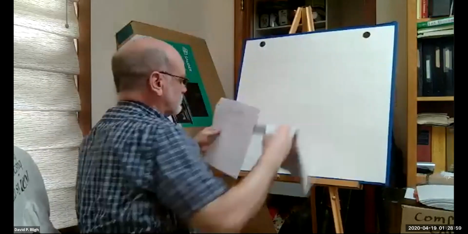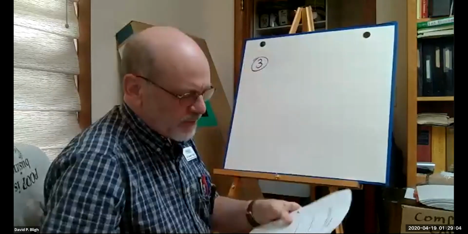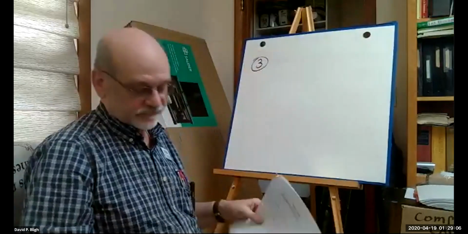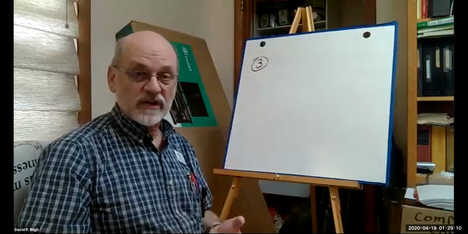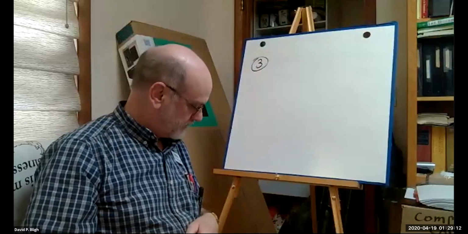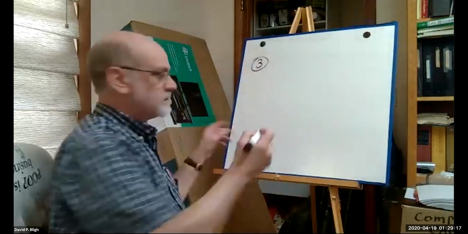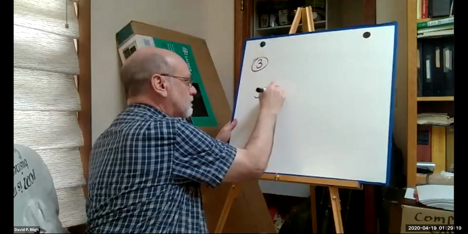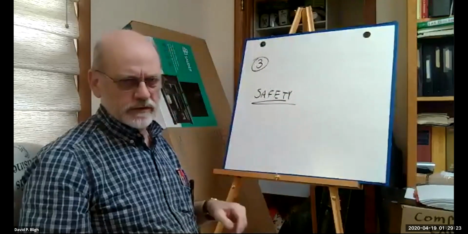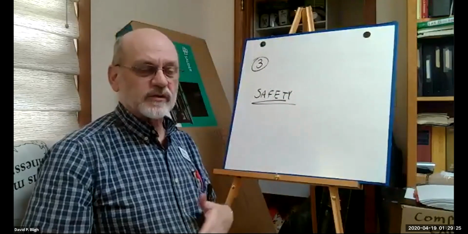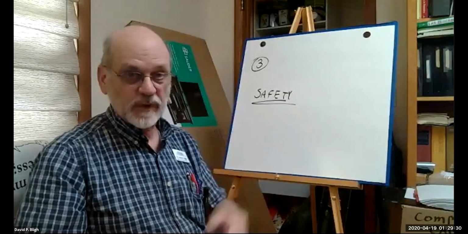Three. What are some possible sources of error in this experiment? Well, you need to think about it. Where could you possibly be? Well, I'm thinking safety. Let's think safety first. Safety is always first. Where could you possibly be injured during this experiment?